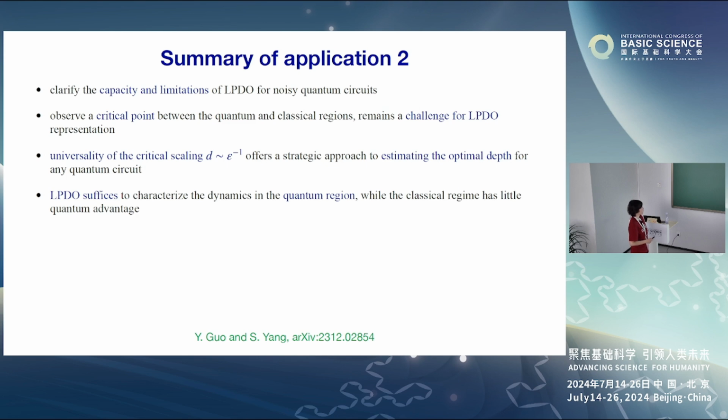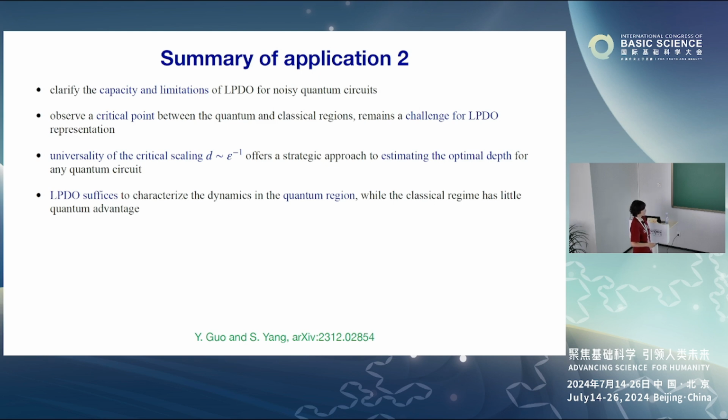Okay, we also observe a critical point, and we observe the universality of the critical scaling. The optimal depth is anti-proportional to the error rate. It also offers a statistical approach to estimate the optimal depth of any quantum circuit.